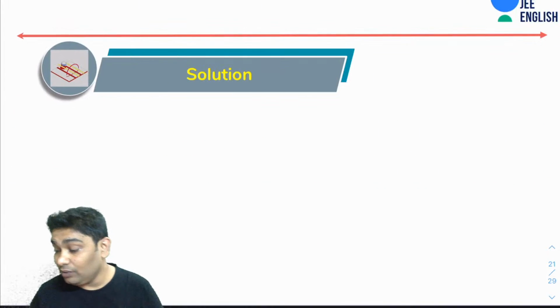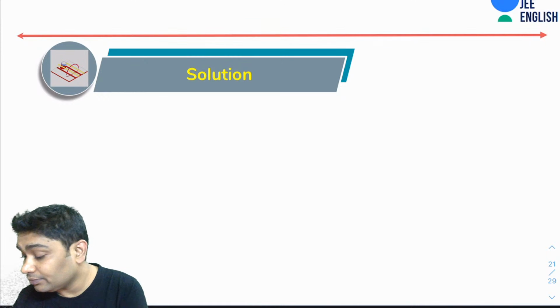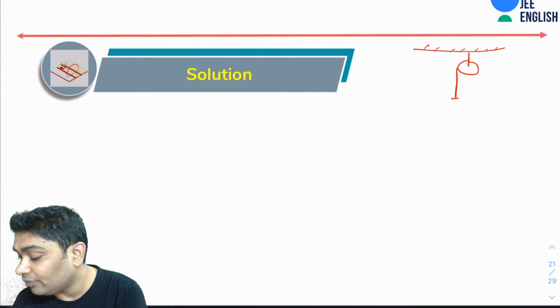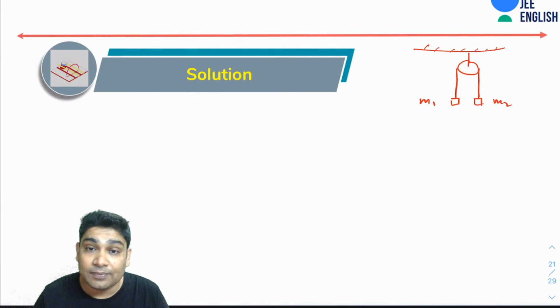Let's see. So let's imagine an initial situation where you have this pulley and you have mass m1 here and you have mass m2 here. Okay, so imagine that this is the initial situation.